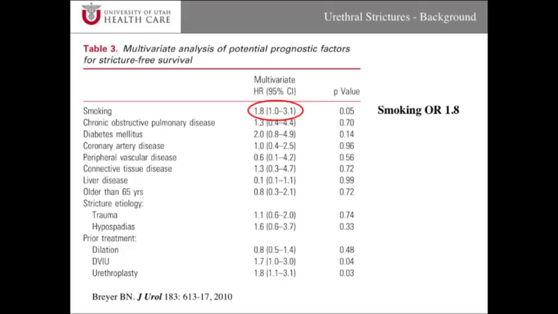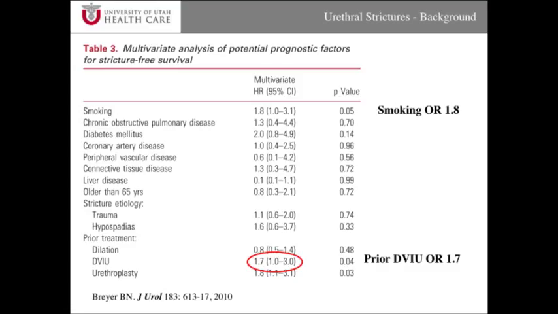And the significant findings in this were smoking. And so we always encourage patients that are undergoing urethroplasty to stop smoking for about 4 to 5 weeks before the surgery. Prior internal cutting surgery also predicted a worse outcome.